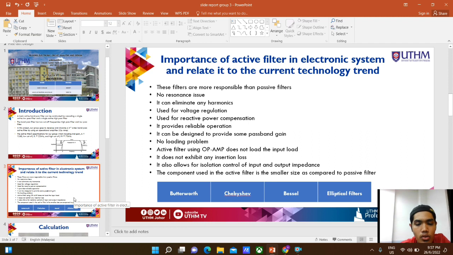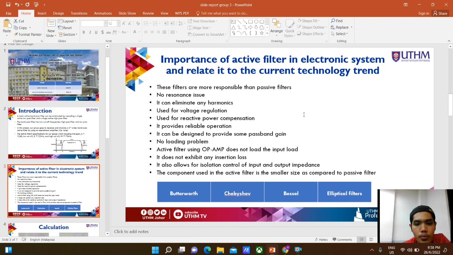The next slide is the importance of active filters in electronic systems and how they relate to current technology trends. Here are some points on why active filters are important. Firstly, these filters are more responsive than passive filters. They have no resonance issue. Also, you can use active filters for voltage regulation and for reactive power compensation.